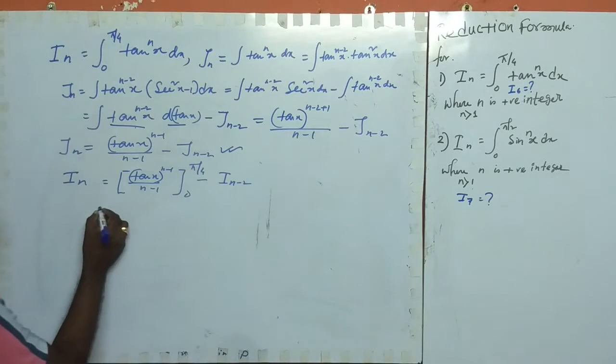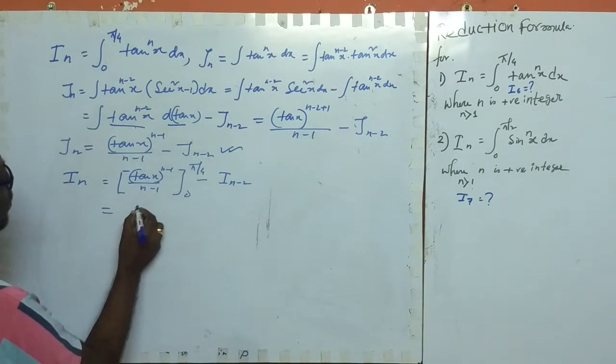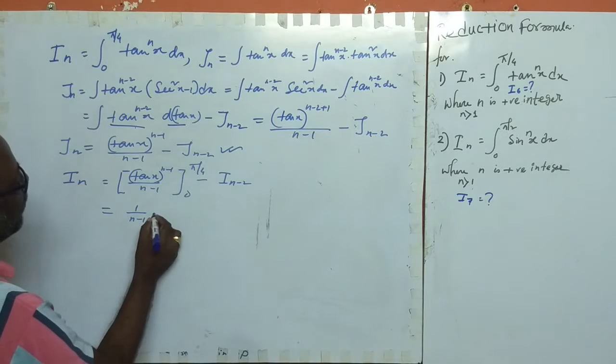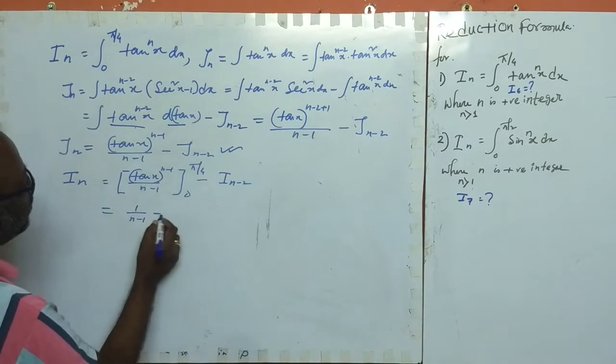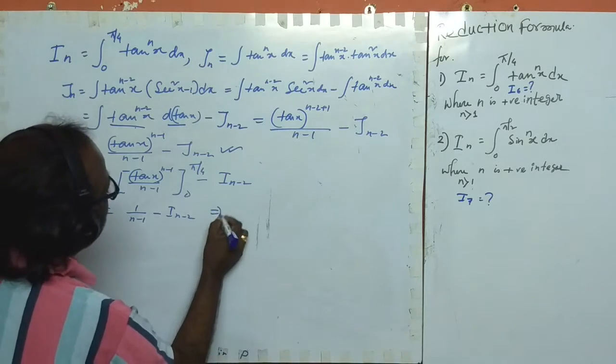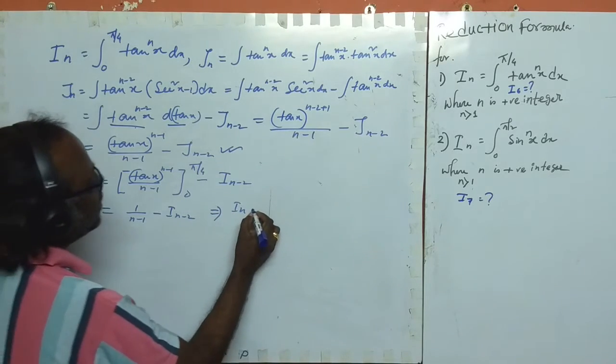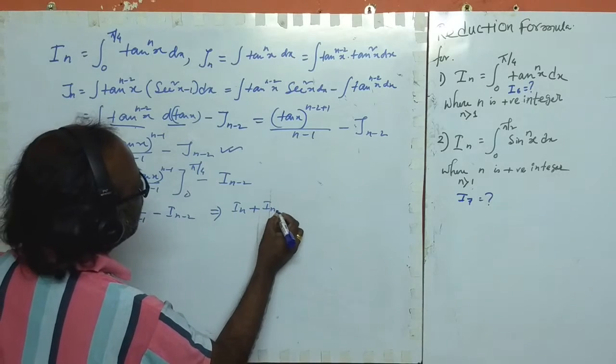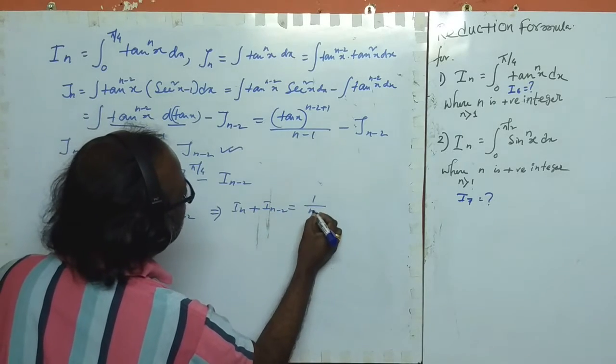And this is equal to, putting pi by 4, 1 by n minus 1 minus 0, and this combination is I n minus 2. So In is equal to 1 by n minus 1 minus I n minus 2 here.